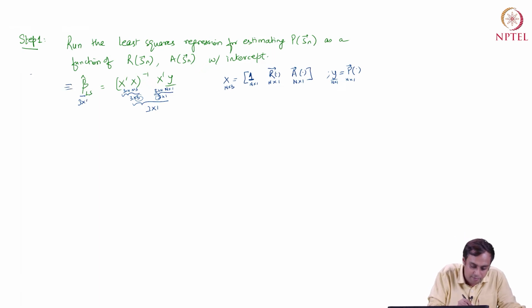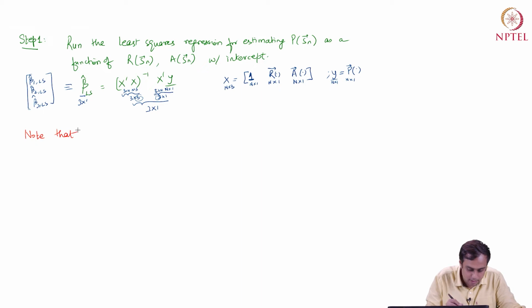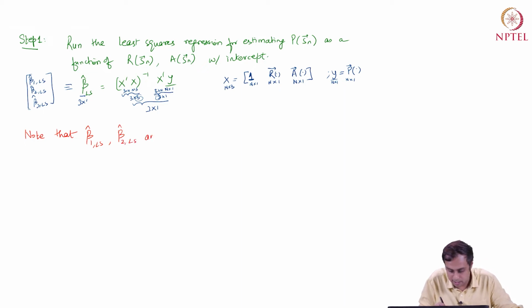So what I have been able to back out is beta 1 hat least squares, beta 2 hat least squares, and beta 3 hat least squares. Now note that these beta hats are still unbiased.